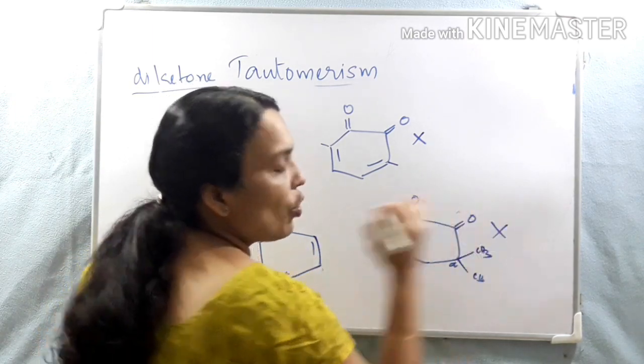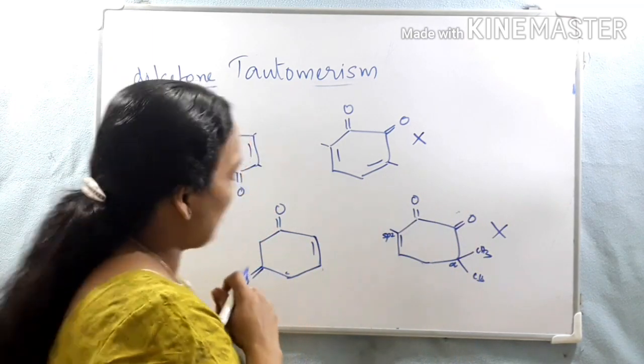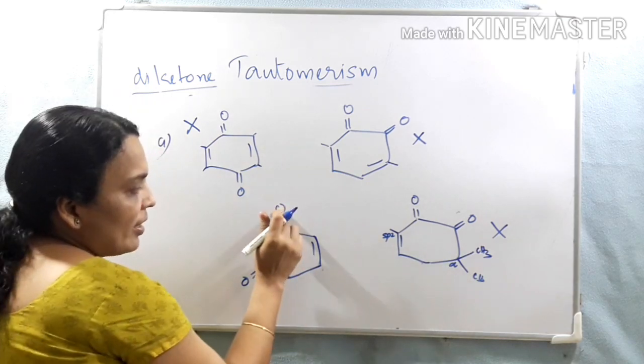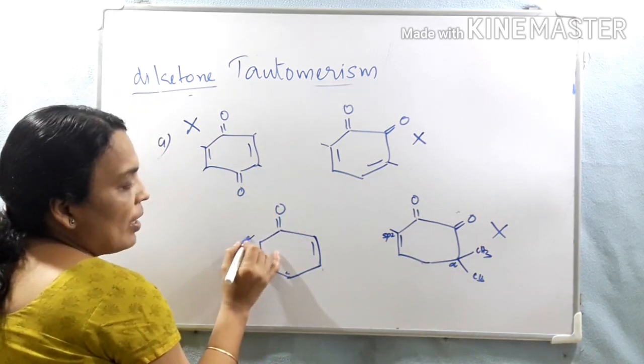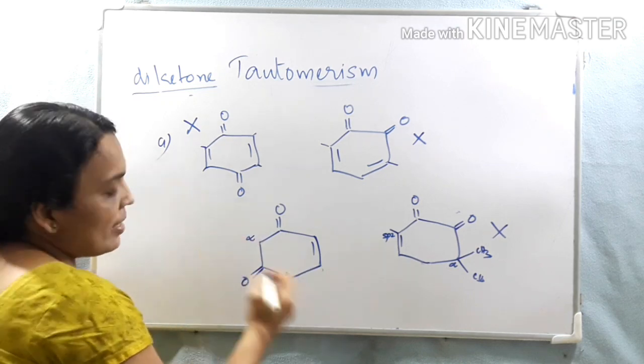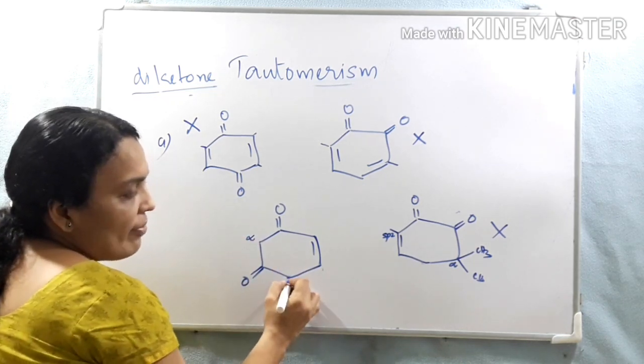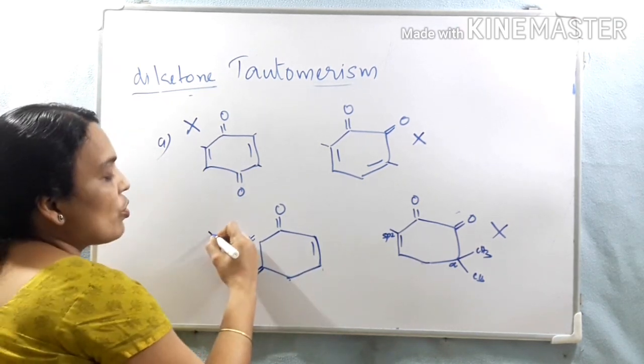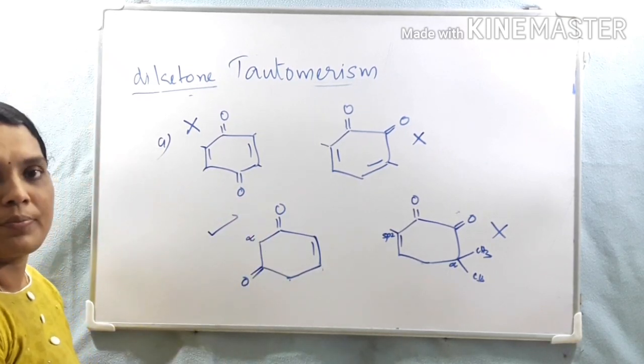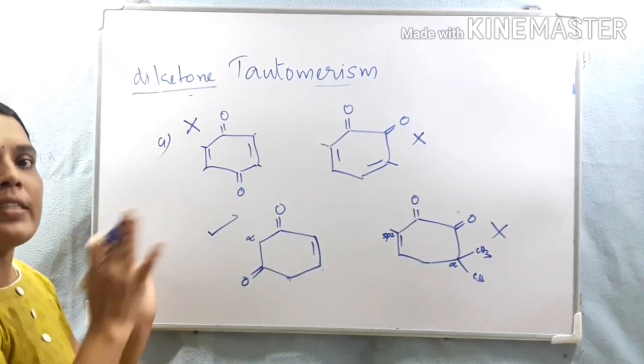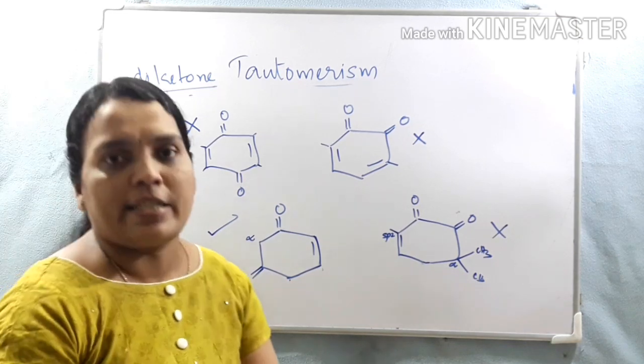Here also no possibility for tautomerism. Come to this one. Here this keto group, this is alpha carbon and sp3 hybridized, and here also alpha carbon sp3 hybridized, so it can show tautomerism. Understood? That is a common question for your NEET examination.